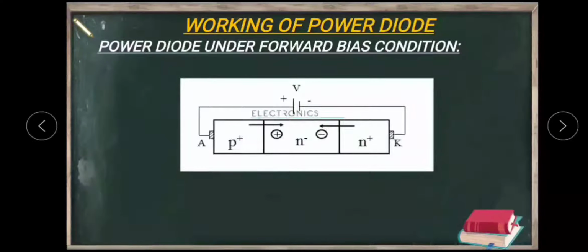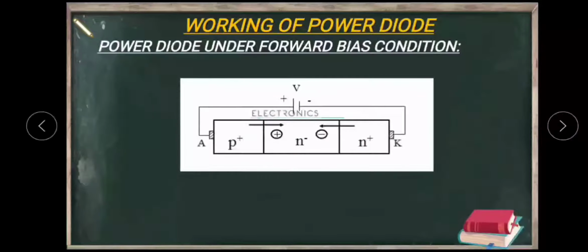When the power diode is forward biased, holes from the P plus region diffuse into the N minus region and combine with electrons present there. Since the injected holes are large, they even attract electrons present in the N plus region.